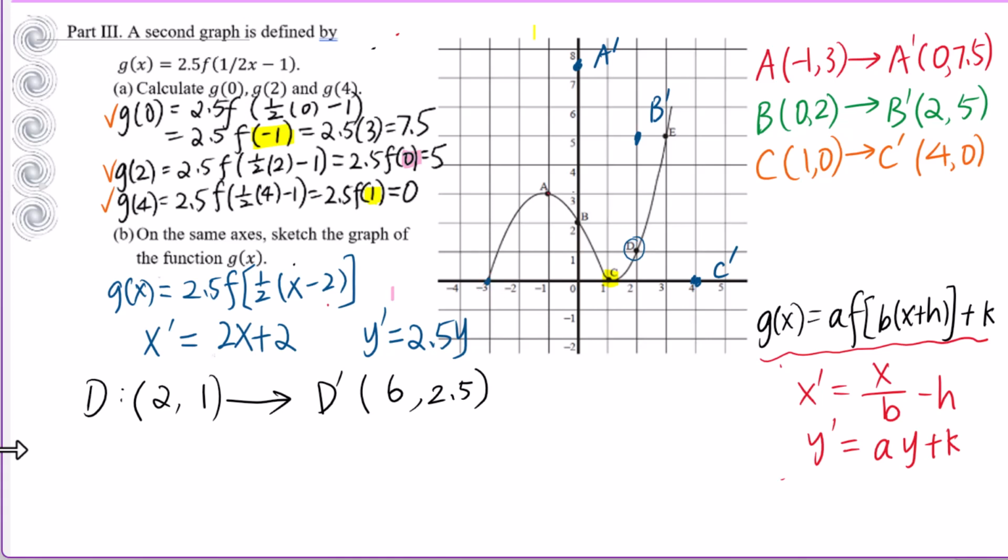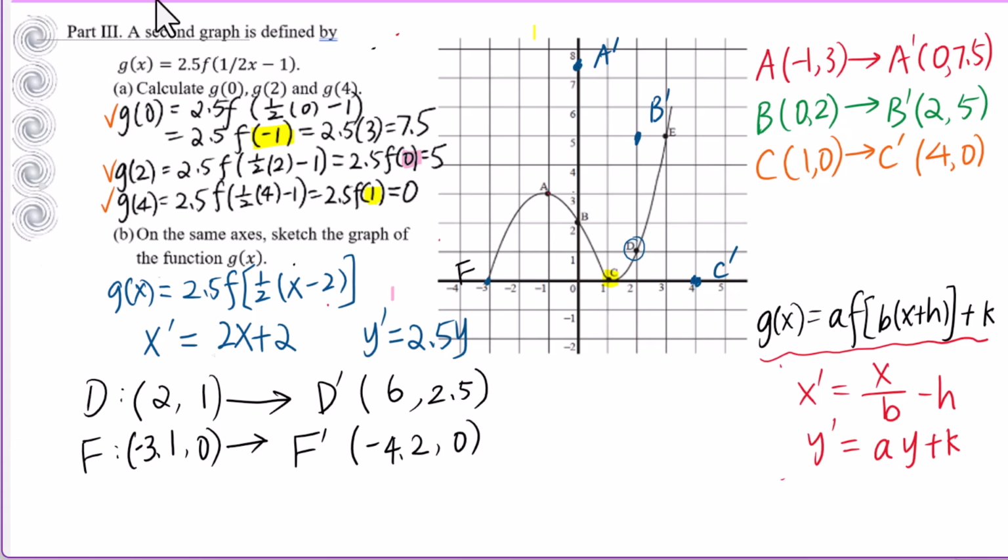Let's label this as F. For F, think about this as negative 3.1, 0. Go to F prime. 2 times negative 3.1 plus 2 is negative 4.2.